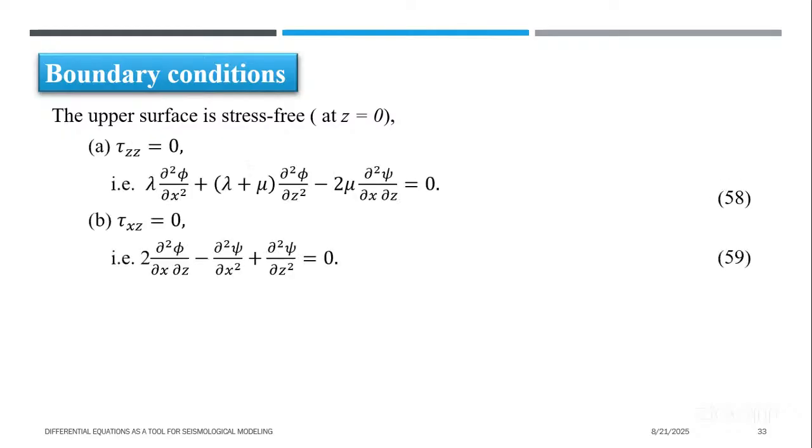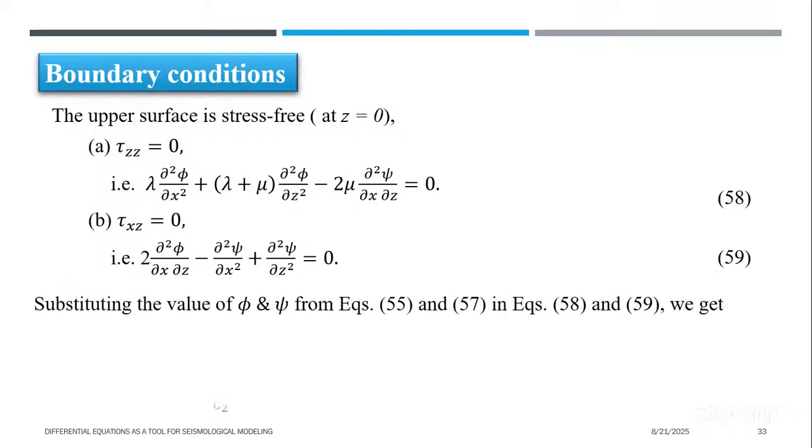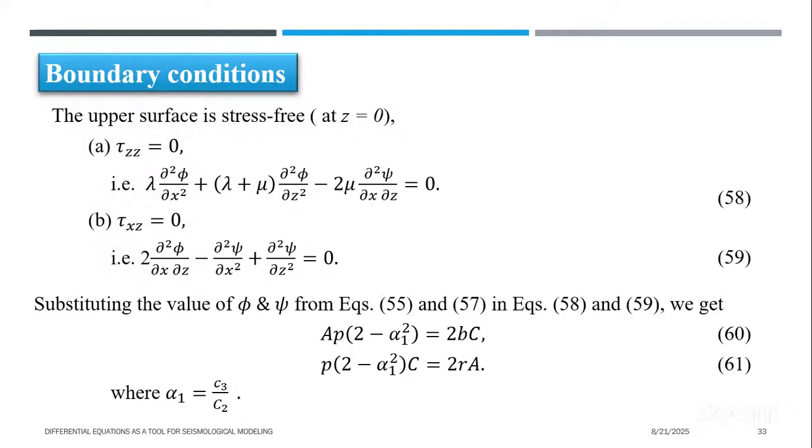Here, the stresses which contribute towards the boundary condition are tau zz and tau xz. Tau zz is the normal one, tau xz is the shear one. We already know tau zz and tau xz in terms of displacement, and the displacements u and w are decomposed in terms of phi and psi and substituted here. Finally we get equations 60 and 61 with the help of the solution and the boundary condition.